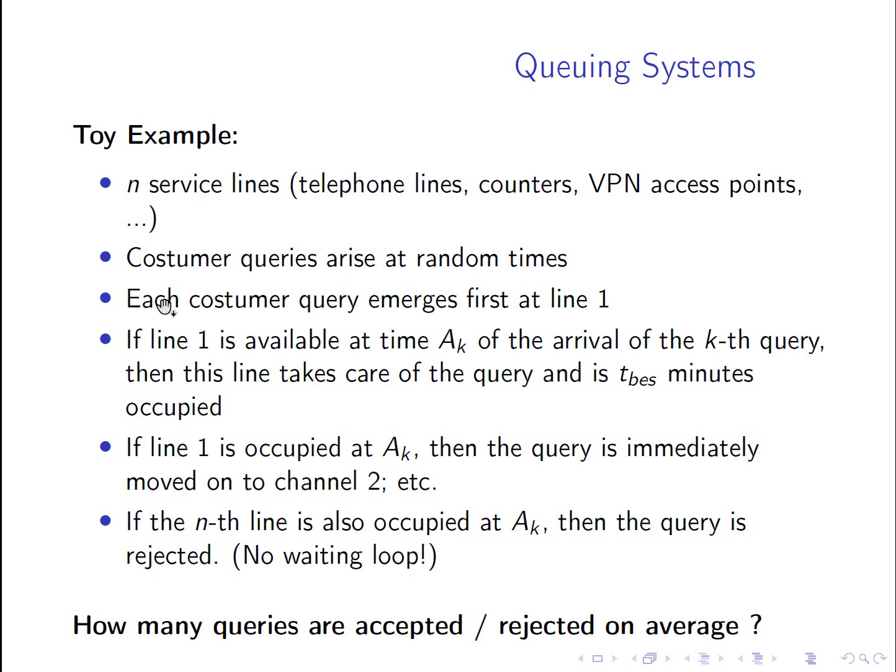And the procedure is now as follows. Each customer query emerges first at line 1. And if line 1 is available at time a_k of the arrival of the k-th query, so a_k are the arrival times, then this line takes care of the query and is occupied for a certain time, and this time is the service time.